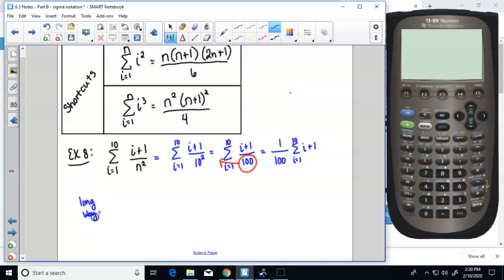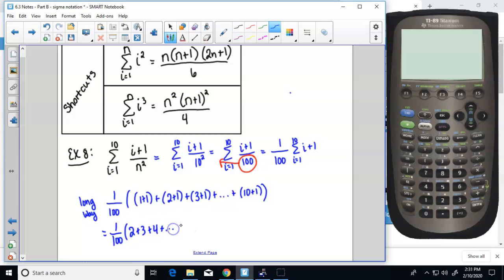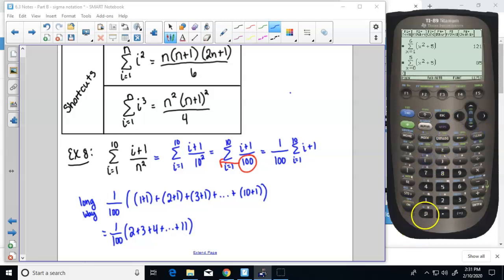If you do this the long way, you've got 1 over 100 times 1 plus 1 plus 2 plus 1 plus 3 plus 1 plus, dot, dot, dot, plus 10 plus 1, which would be 1 over 100 times 2 plus 3 plus 4 plus dot, dot, dot, all the way to 11. It's pretty simple to do this one, especially if you grab your calculator.